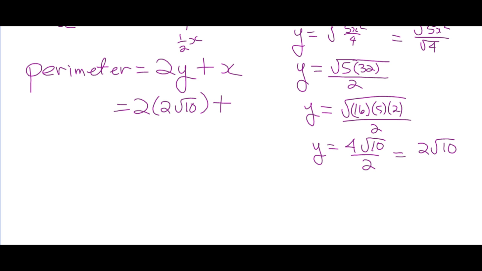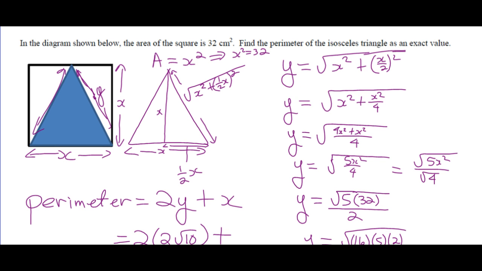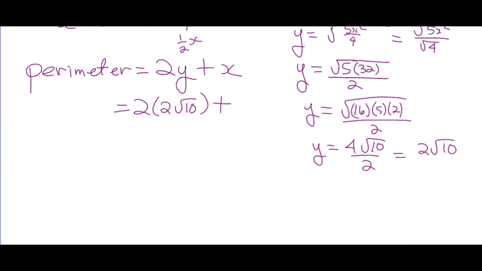So at some point, we might want to go back here and write x is equal to 4 root 2. Plus 4 root 2. So we get 4 root 10 plus 4 root 2 centimeters. Right? Yeah, because it's centimeters. So that's your final answer there.